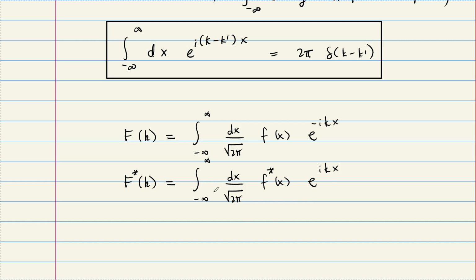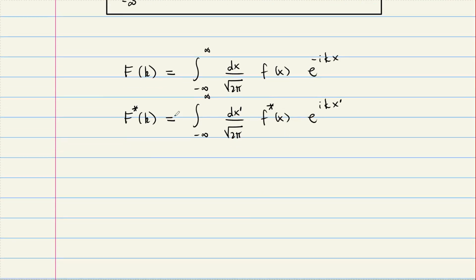And because x is the integration variable, not to mix up, let's put an x prime here. You can put y, whatever, because it's integrated over anyway. Now let's multiply it side by side. On the left hand side, what I have is the magnitude of f of k squared.